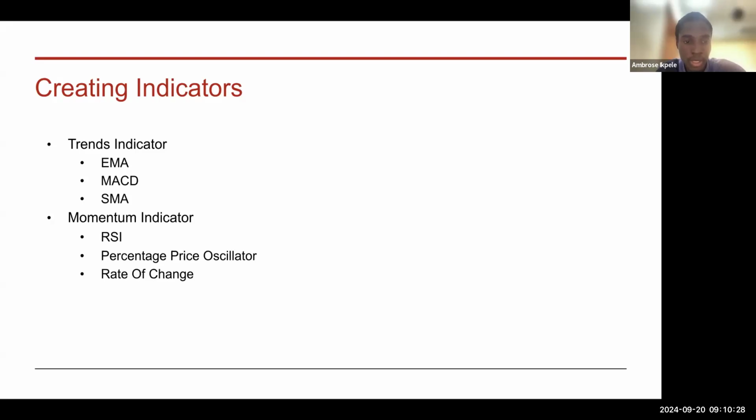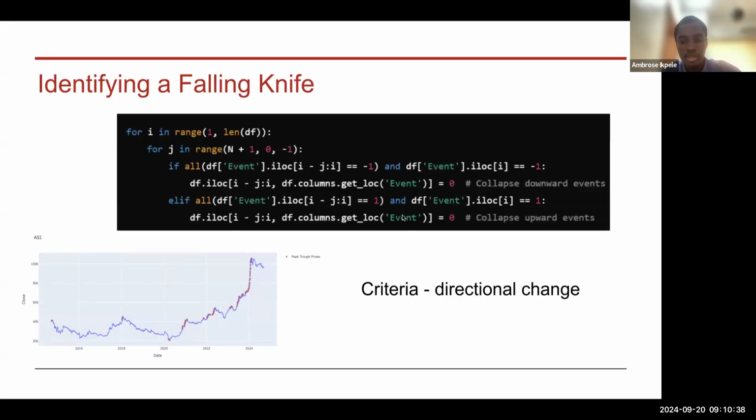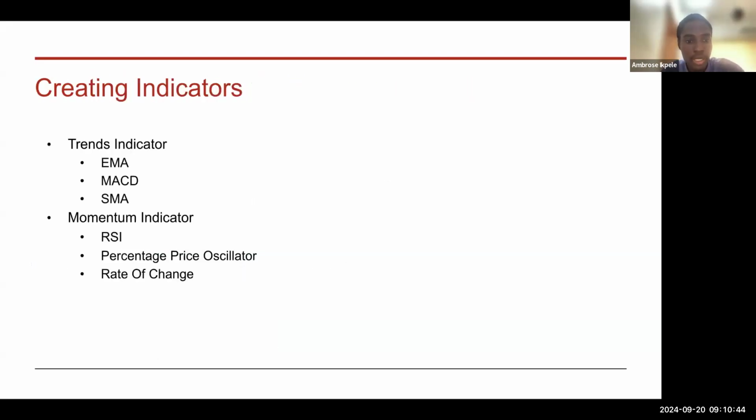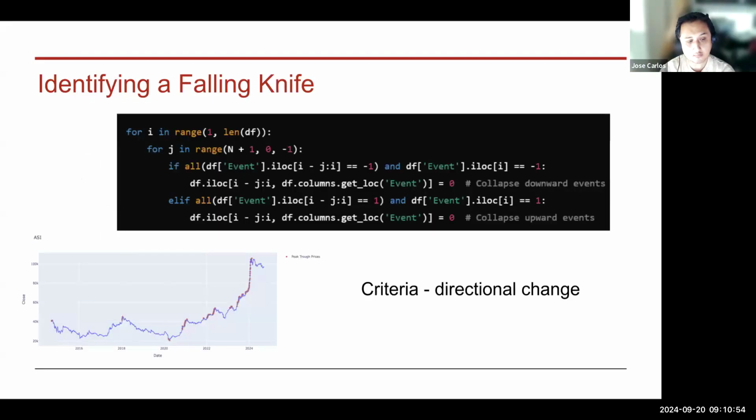So the EMA, MACD, SMA, RSI, PPO, and ROC. These are the indicators that were used. These indicators acted as the features, and this is how we got the label.